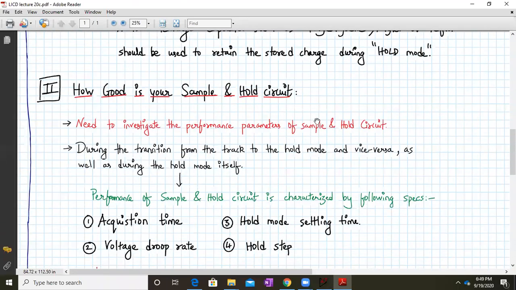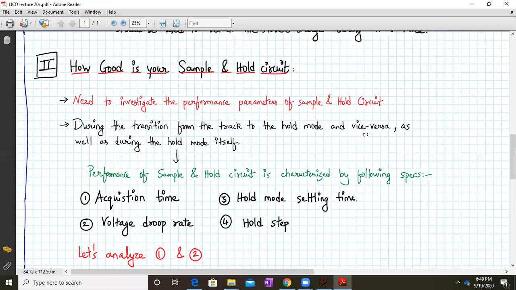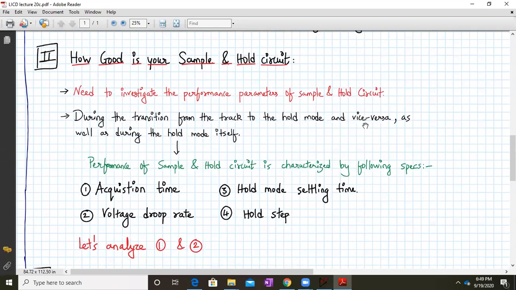So how good is your sample and hold circuit? We need to investigate its performance parameters. During the transition from track to hold mode and vice versa, as well as during the hold mode itself, the following performance characteristics or specifications are observed: acquisition time, voltage droop rate, hold mode settling time, and hold step.